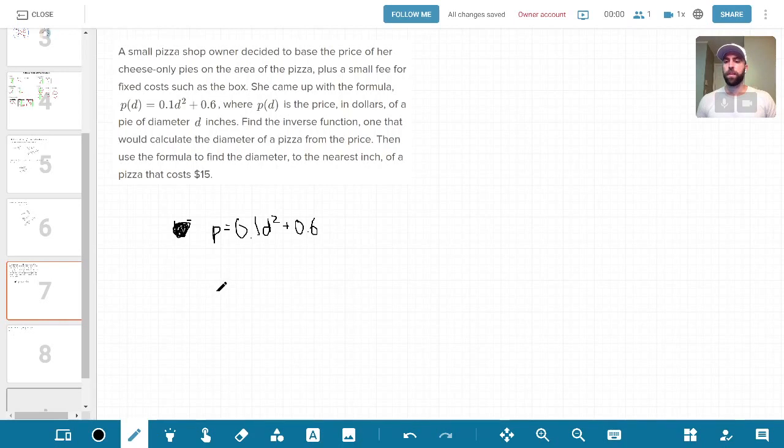So we have p, the price, minus the 0.6 fixed cost equals 0.1 d squared. Divide it all by 0.1. P minus 0.6 over 0.1 equals d squared. And then we'll take the square root of it.